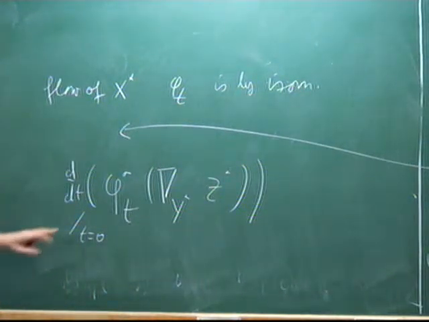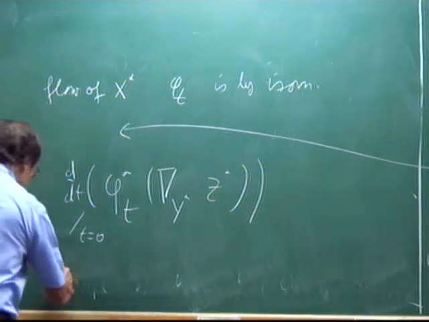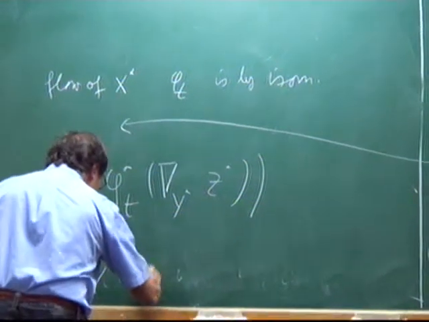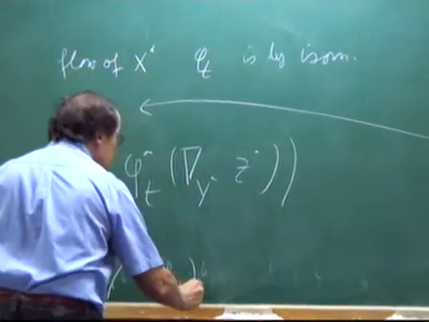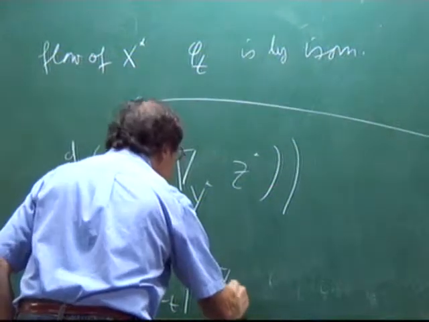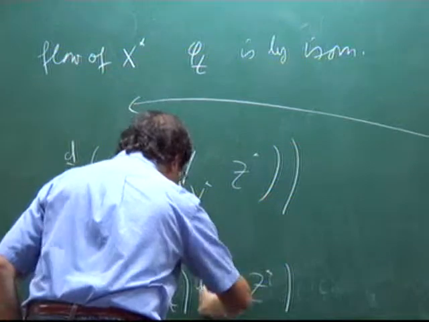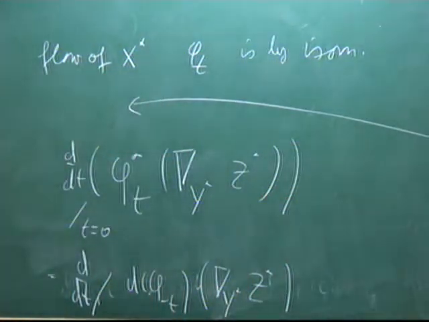Or d phi of minus t if you want to put it back. So maybe a better way to write this is d/dt of d phi_{-t} of ∇ Y*, Z*. That's just because it's by isometries, because it's a Lie bracket.